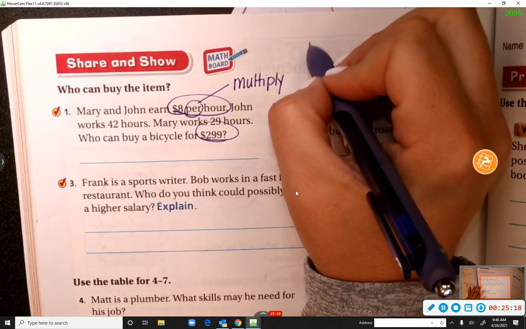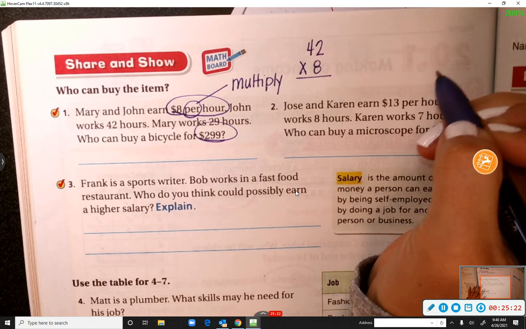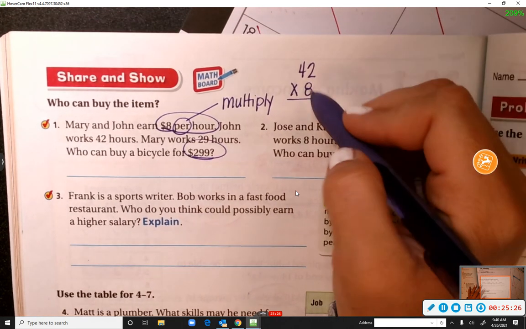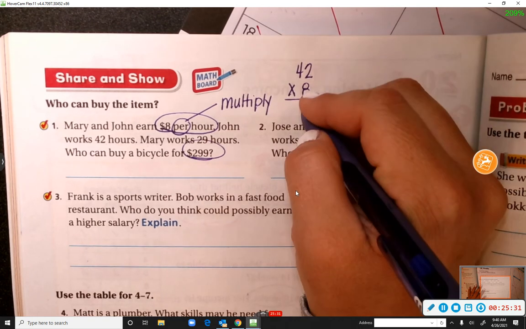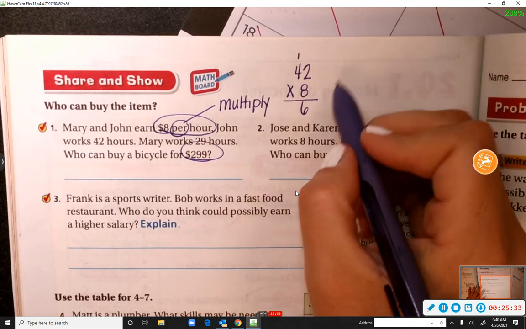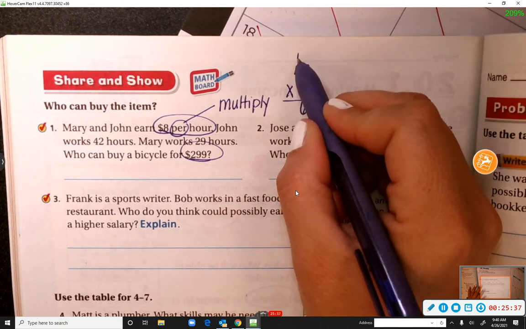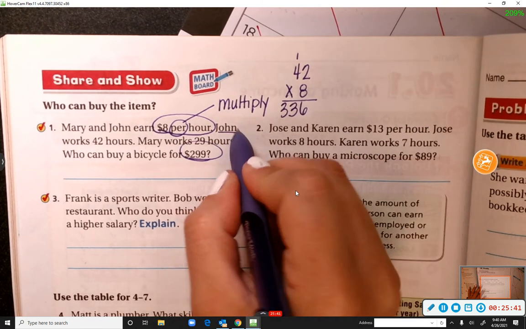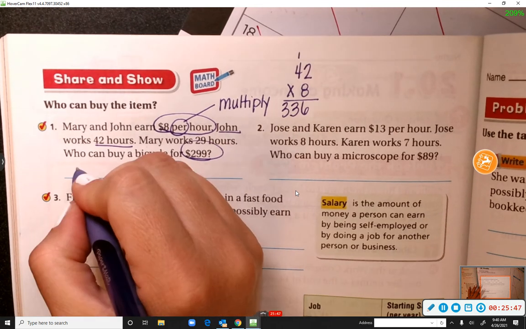So we're going to start with 42 times 8. 2 times 8 is 16. Carry the 1. 8 times 4 is 32. Plus 1. So that was John. He worked 42 hours. Is he going to have enough for the bicycle? Yes. So John can buy it.